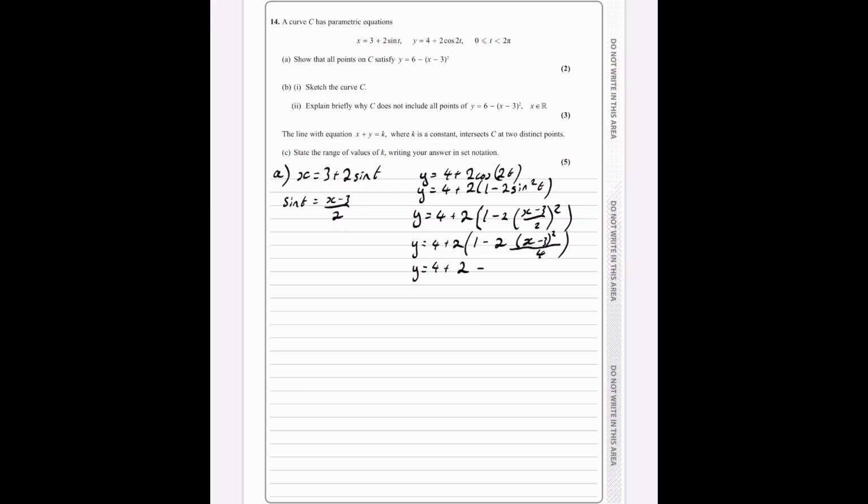Actually, I'm going to expand out the single bracket first. So 2 times 1 is 2, and then 2 times the 2 at the front gives me 4 lots of (x minus 3) squared over 4. And obviously the 4s will cancel. And the 4 plus 2 is 6 at the front, so we get 6 minus (x minus 3) all squared, which is what the question wanted.